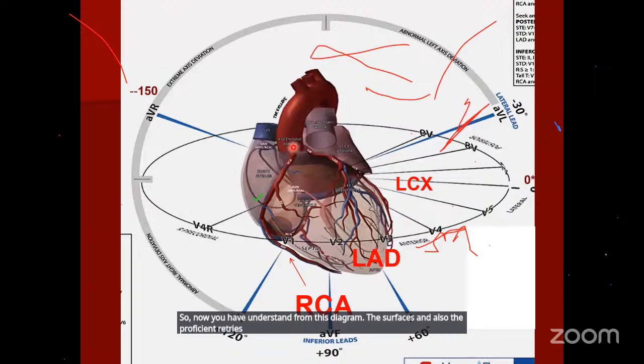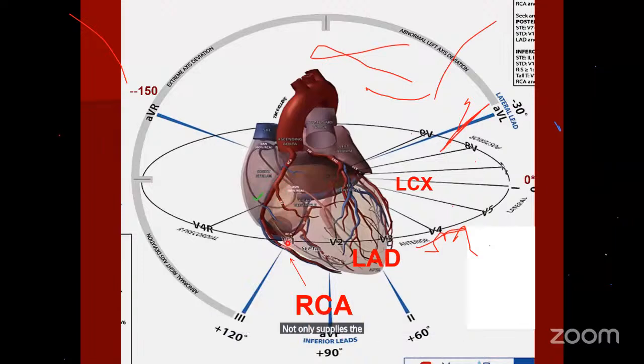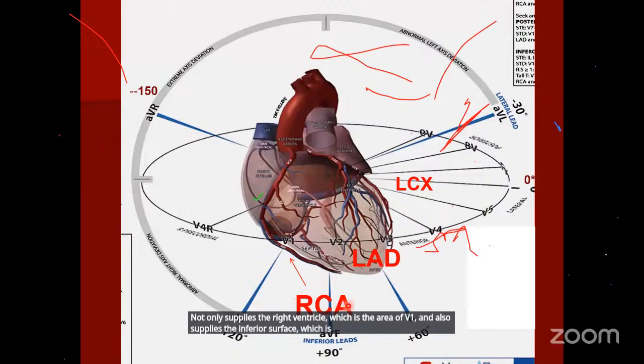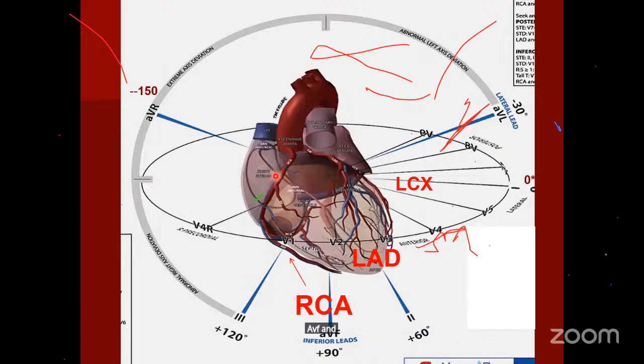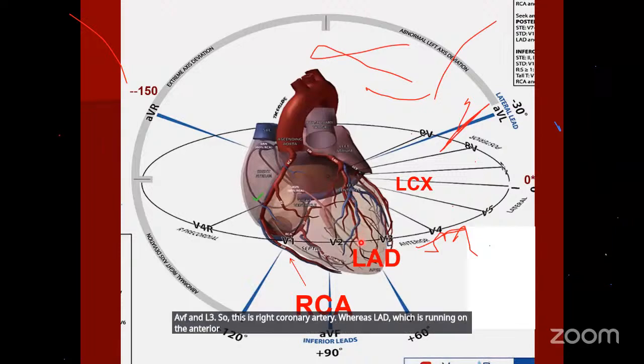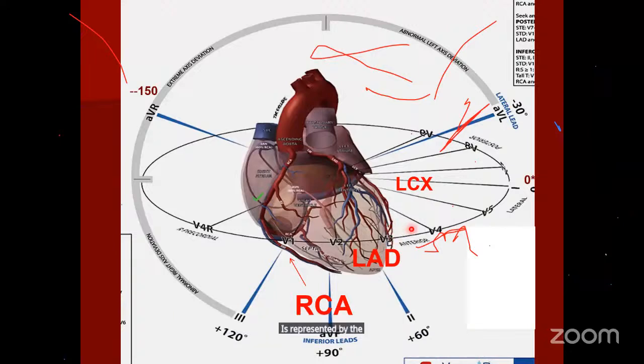You can look here at the right coronary artery, which runs in the right atrioventricular groove. It supplies the right ventricle, which is the area of V1, and also the inferior surface, which is leads 2, AVF and L3. Whereas the LAD, which runs in the anterior interventricular groove, supplies your interventricular septum and the entire anterior surface of the left ventricle, represented by V2, V3 and V4.